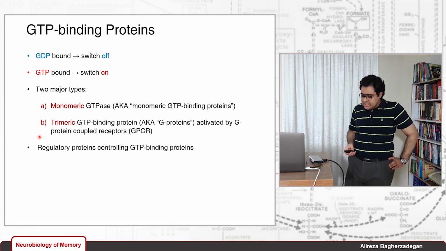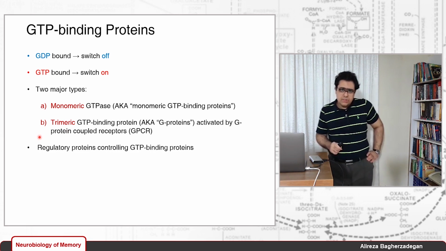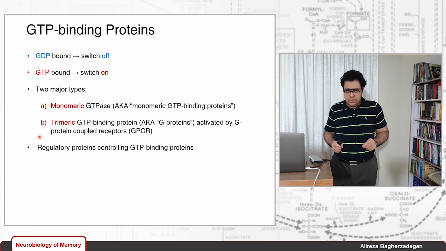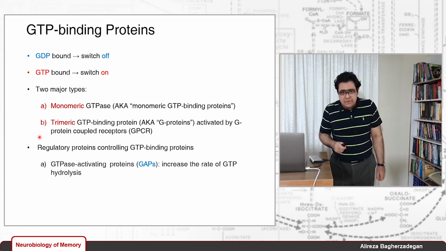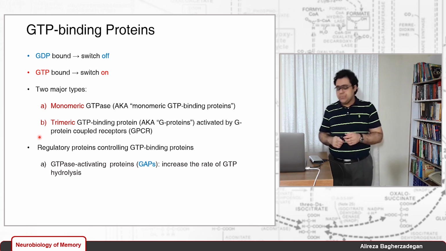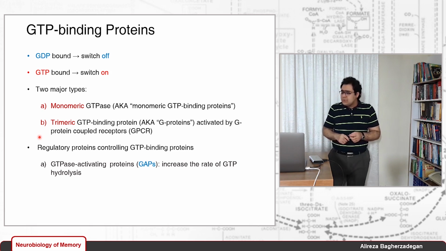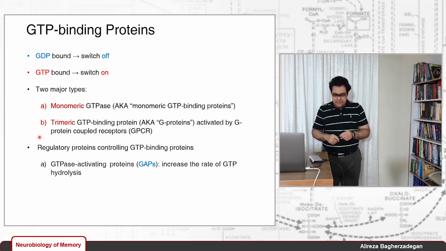But in this lecture, I'm also going to talk about some of the regulatory proteins, which regulate the activation or inactivation of G proteins. One of them is the GTPase activating protein, or GAP, which increases the rate of GTP hydrolysis.